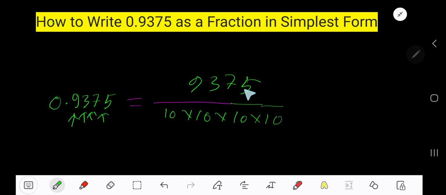This number has 5 at the end, so this is divisible by 5, and this number has 0 at the last, so this is also divisible by 5.